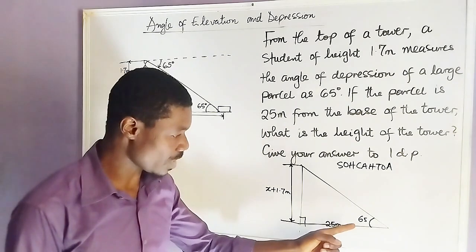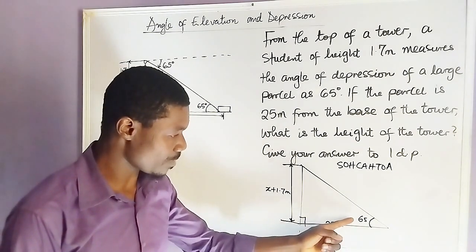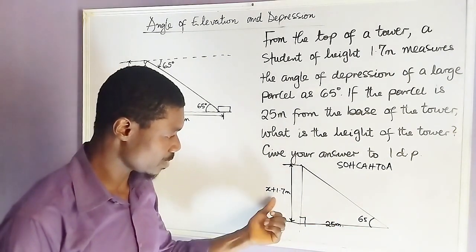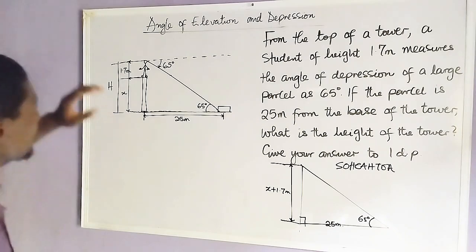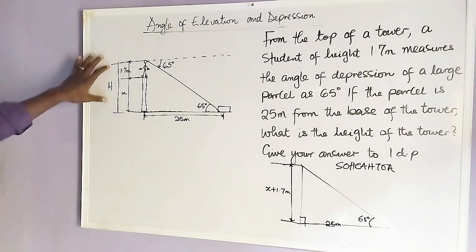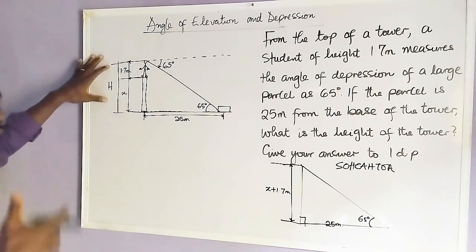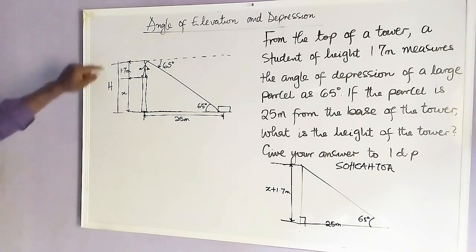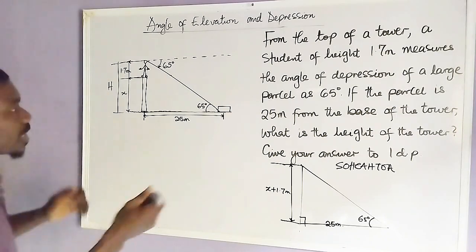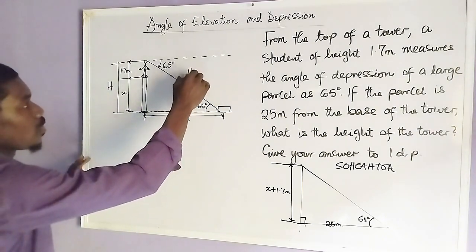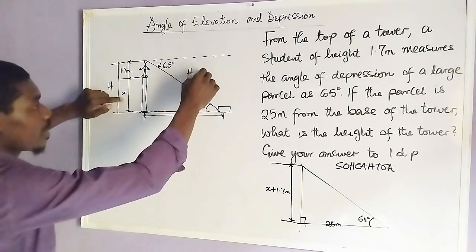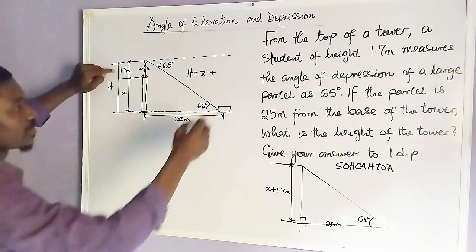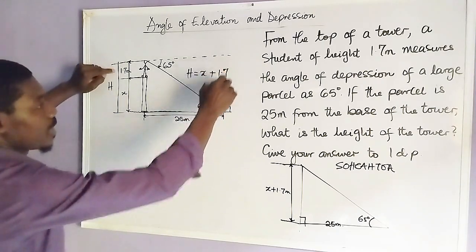Taking our dimensions, this with respect to this and this, from here we will need to find the value of the height, that is the total height. Here we can conclude that the total height will be the sum of the height of the tower and the boy, or the student rather.